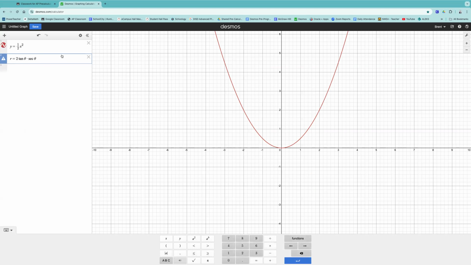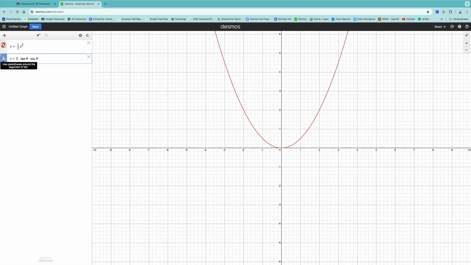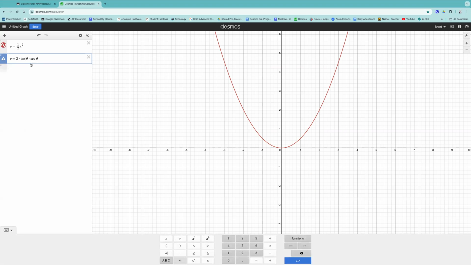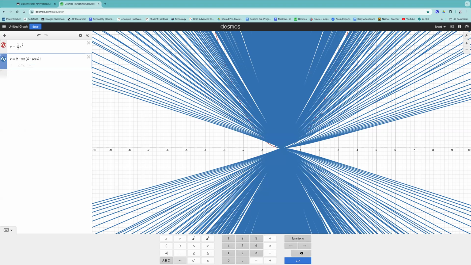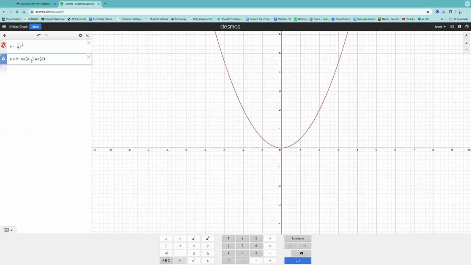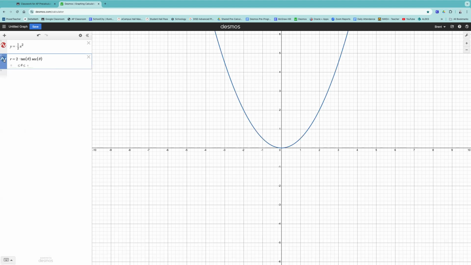Let's see here. What is it not doing? What does it say? Put parentheses around the thetas, it says. There we go. And as you can see, the two graphs look 100% the same. So we did do that correctly.